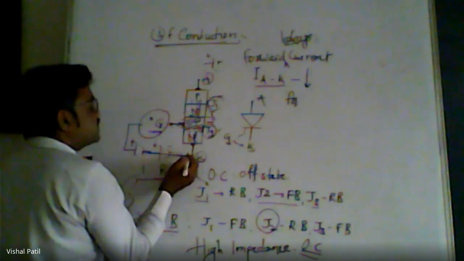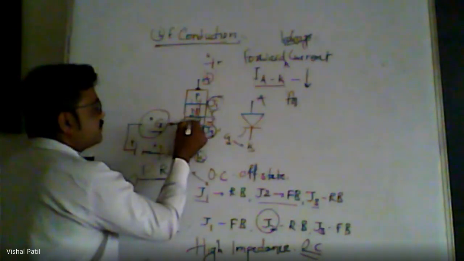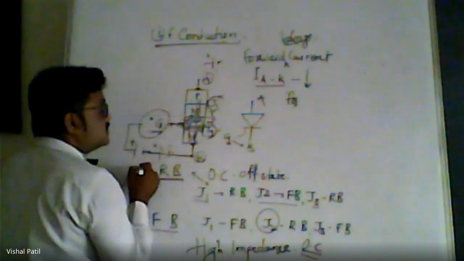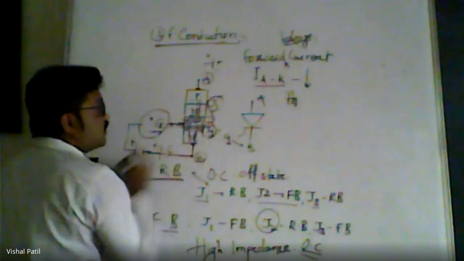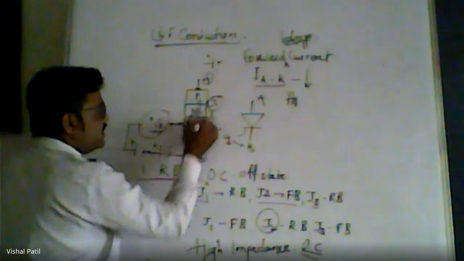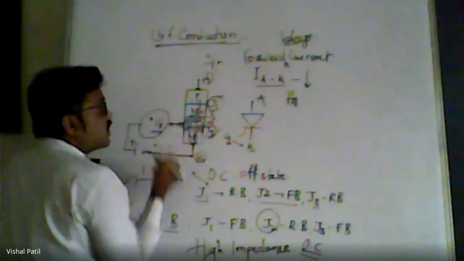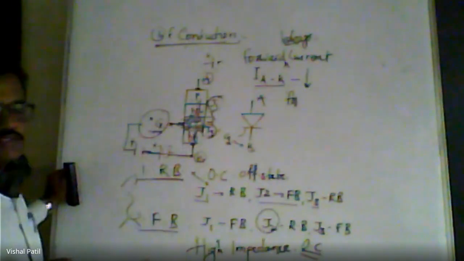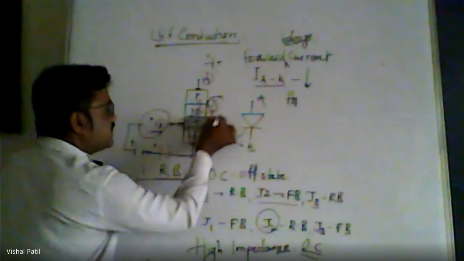The gate inserts some electrons into this layer, because of which there are electrons on both sides of this layer. So what happens with that? Junction J2 will vanish.